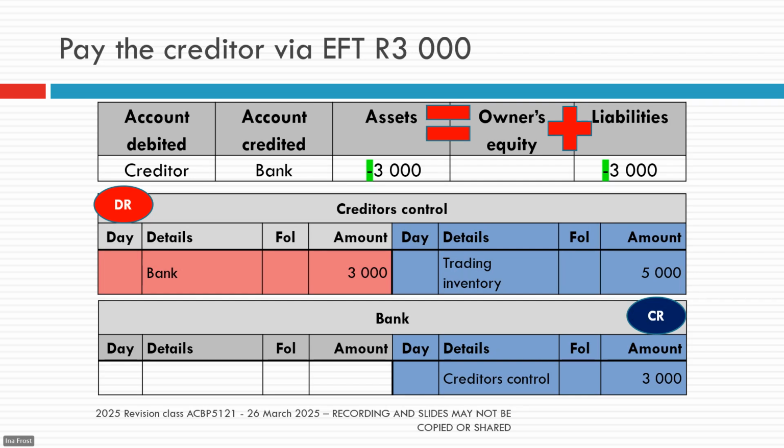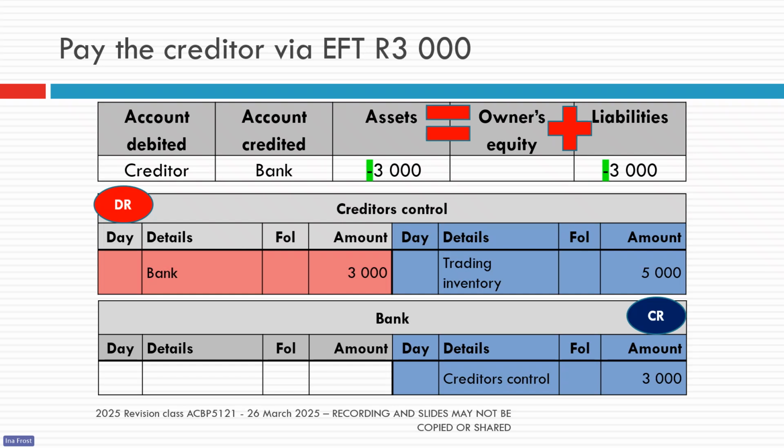Hi, Ina. I have a question where a student is asking if they only write, like you wrote, account debited, creditor, or can they also write creditors control? I tell them both will be accepted. We will mark creditor and creditors control correct. Yes, actually, strictly speaking, creditors control is maybe the best answer you can give us.